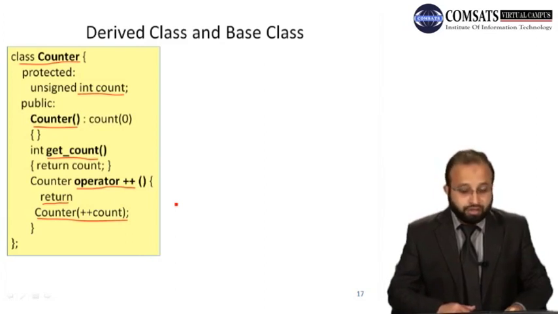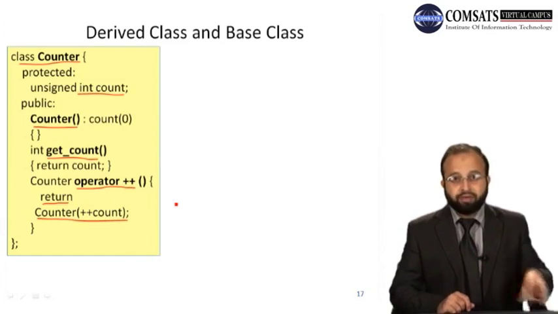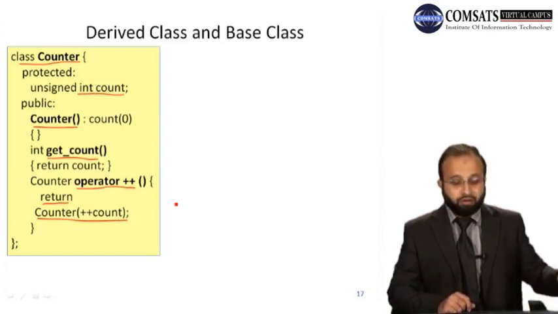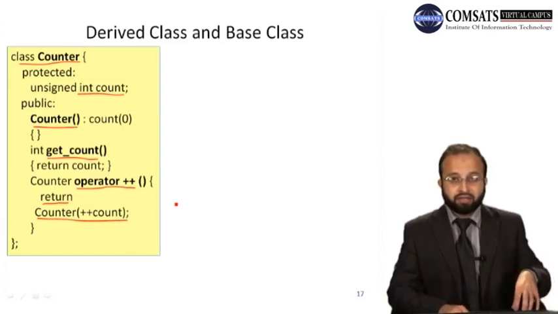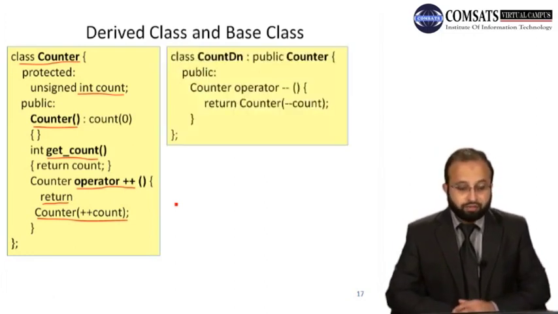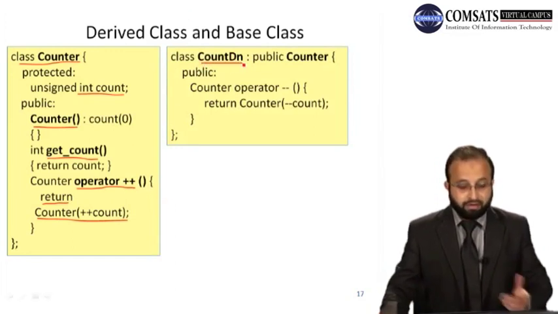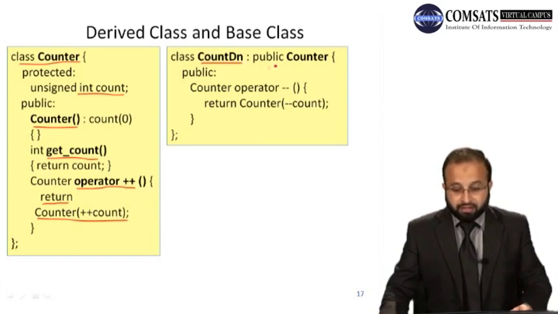So what we can do, instead of making changes in the base class that can be used by different programs or derived by other classes, is derive a class from the Counter class. The name of the class is CountDn, decrement count, and that is the syntax of deriving a class, of making an inheritance relationship.